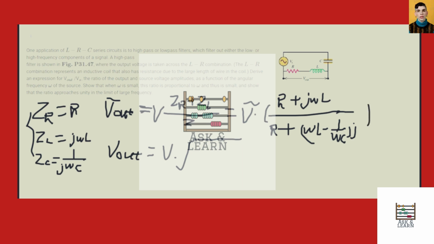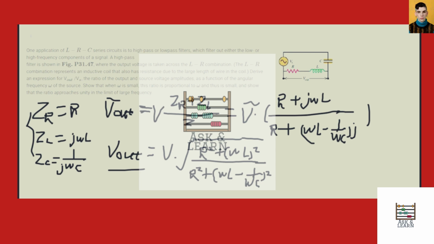The amplitude is given as the square root of R squared plus omega L squared, over R squared plus (omega L minus 1 over omega C) squared. This is the V out, the amplitude of the voltage.